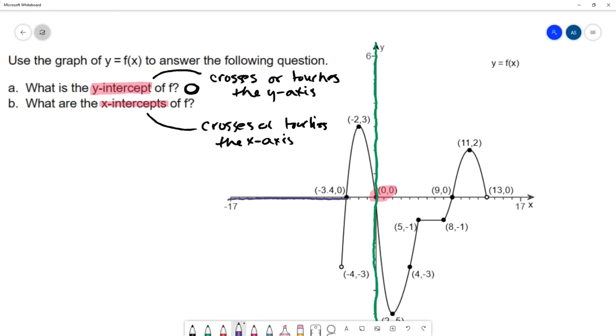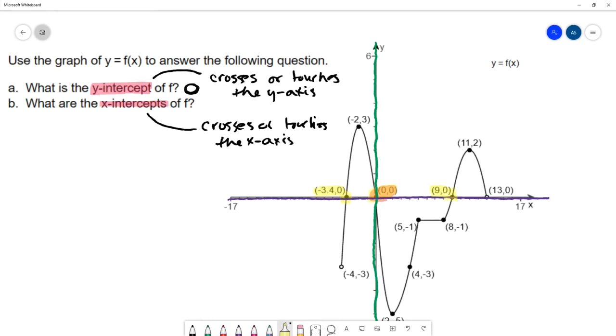The x-axis is this horizontal axis. And we're looking for places where the graph crosses or touches. So here we have a point where the graph crosses the x-axis. Here we have a point where the graph crosses the x-axis.